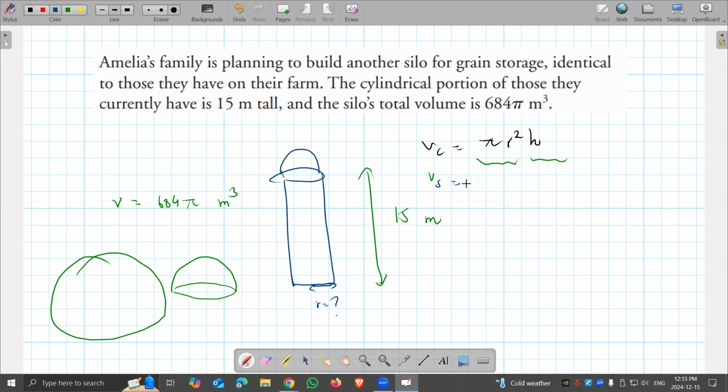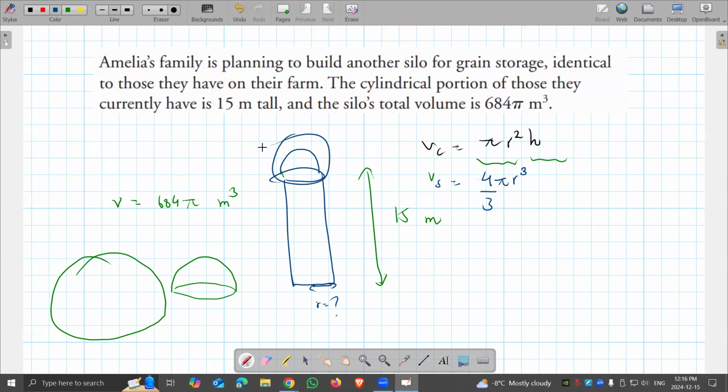I believe it's 4 pi r cubed. We're gonna double check this. This is again a grade 10 level concept. So I was wrong. It's 4 over 3 pi r cubed. So that's for a whole sphere.